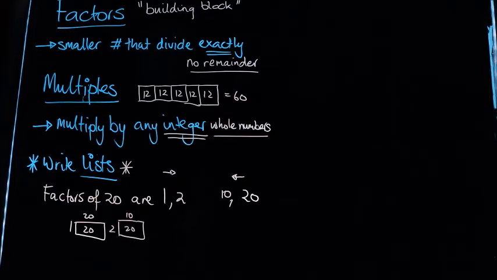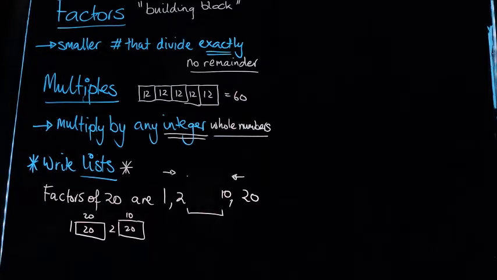Okay, so then I'll start thinking about the numbers. Why I do it this way is because I start thinking about the numbers between 2 and 10. Okay, I know they need to be smaller numbers that divide in evenly.